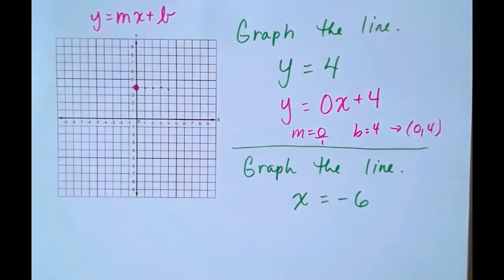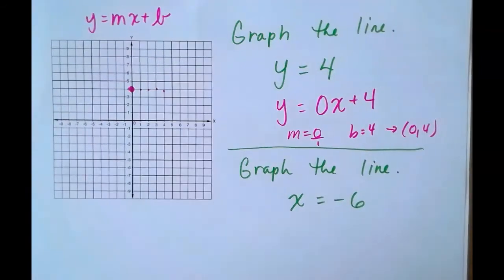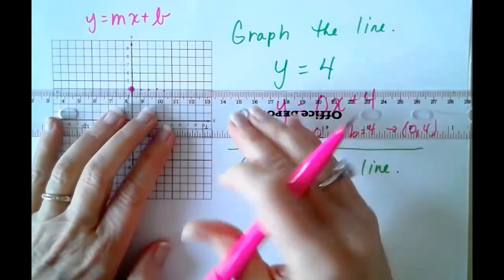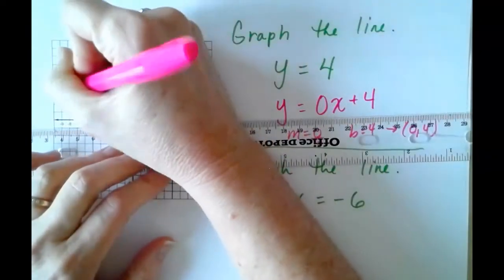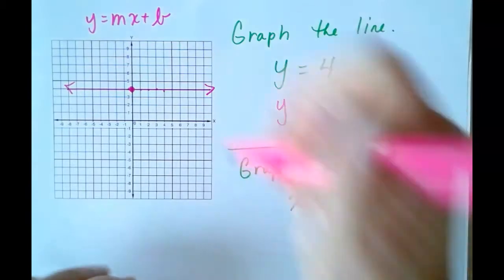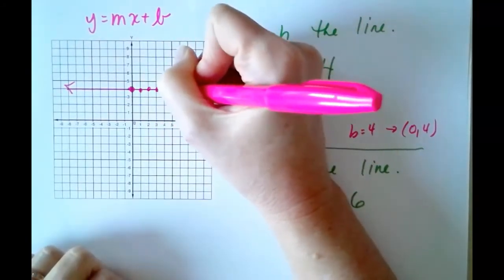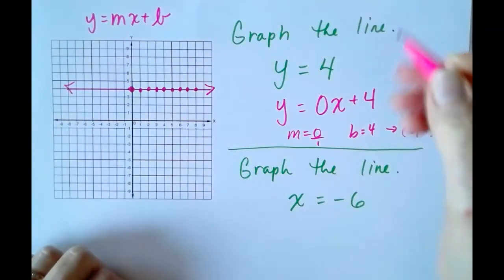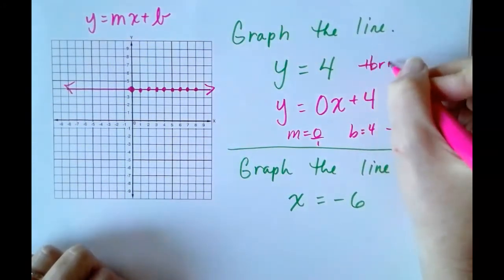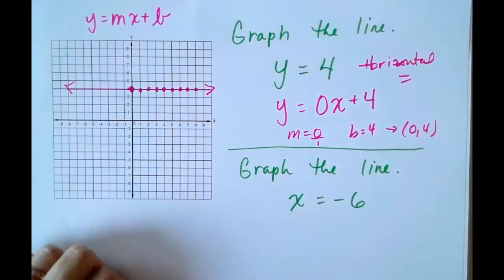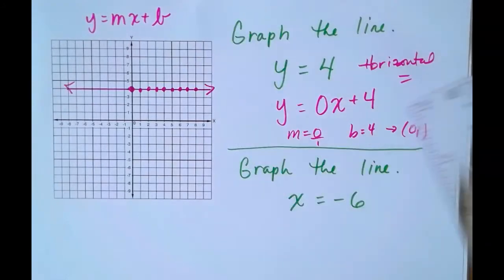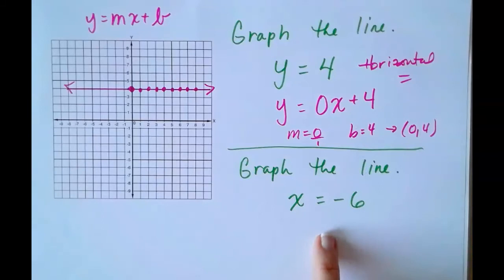We are looking at a horizontal line. y equals 4 is a horizontal line where every single point on the line is 4 units above the x-axis. So is it possible to write a horizontal line in slope-intercept form? Yes. But what about our next line?